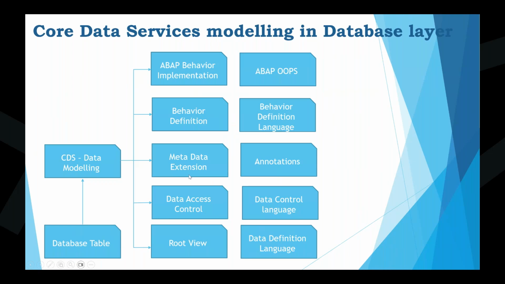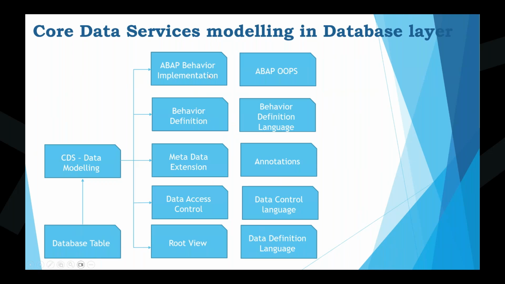If you want annotations added to the Fiori app, we do that in a metadata extension file called annotations. If you want to create, delete or update a record, do validations, determinations or actions, all of that is defined in the behavior definitions. Based on what we defined in the behavior definitions, implementation methods will be created and we will write the ABAP code.